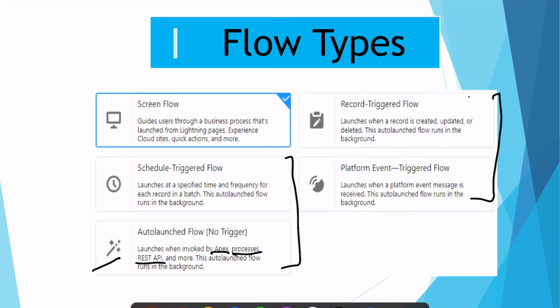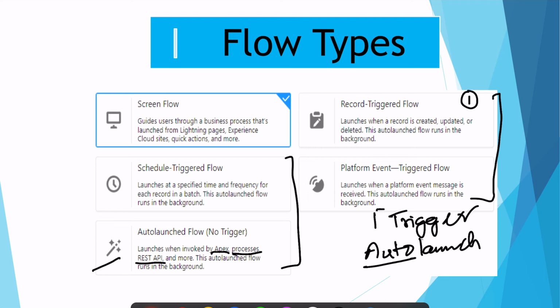If we talk about triggered flow, there are three types of flows. One is record trigger flow. So what is the difference between auto launch flow and trigger flow? Auto launch flow, auto launch with trigger. What is the difference between this and these three flows? The difference is the trigger.